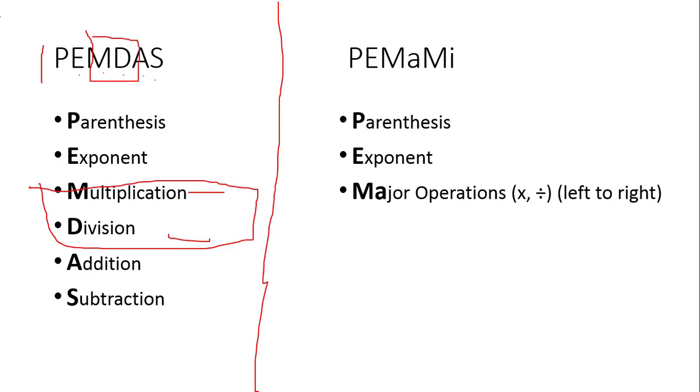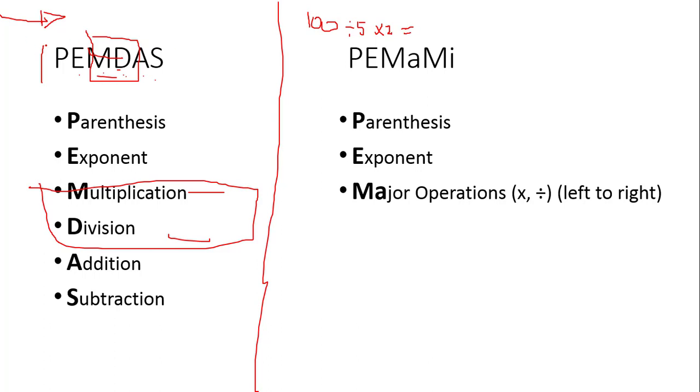Kahit ano, basta kapag sinusolve mo siya from left to right lagi, pwede siyang magbaliktad, kahit anong mauna, multiplication muna, or division muna. See, for example, we have 100 divided by 5 times 2.